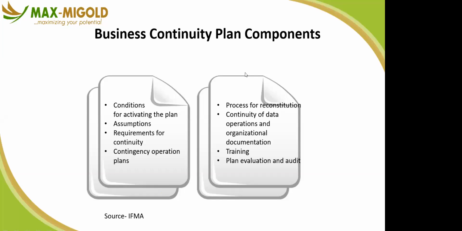Then again, what are those things you need to do, including the resources that are needed for the business continuity. So use this to generate the items that will be required for the business continuity plan.